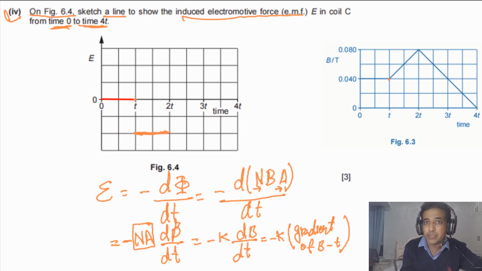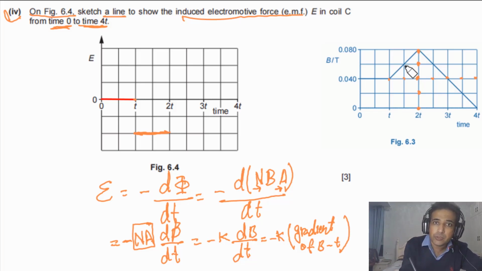Now we need to compare the gradient. From here to here, you can see along the time axis we have two small squares. Along the B axis we also have two small squares. Now if you look at the gradient of this one, we have 1, 2, 3, 4, 4 small squares along the time axis, and also 1, 2, 3 and 4, 4 small squares along the B axis.